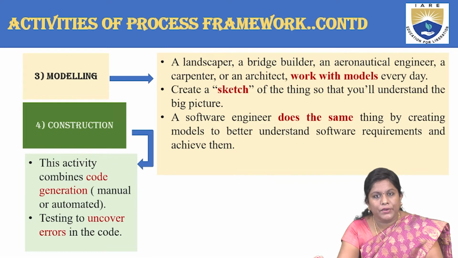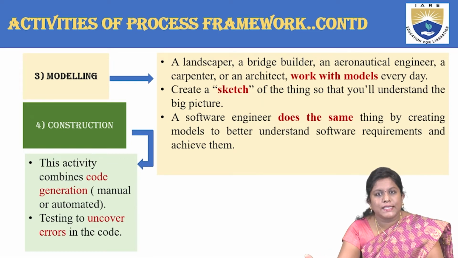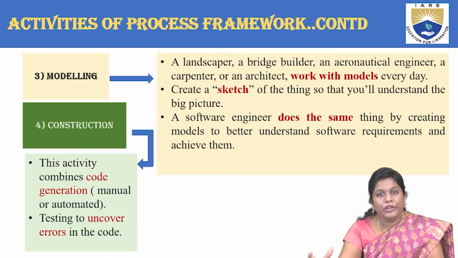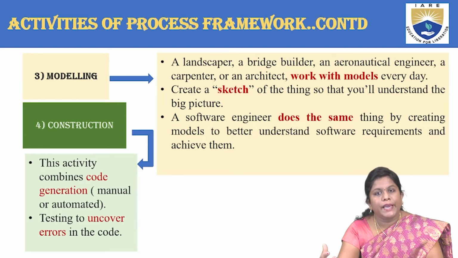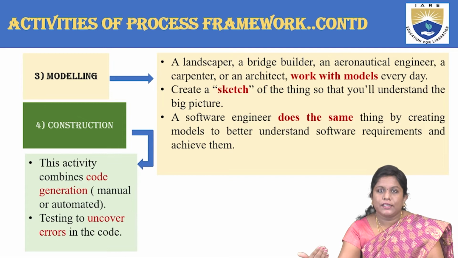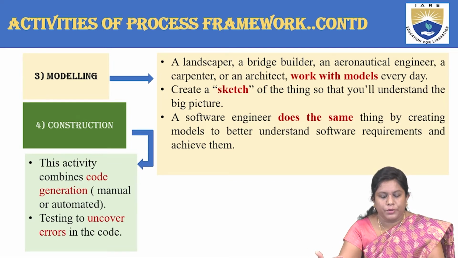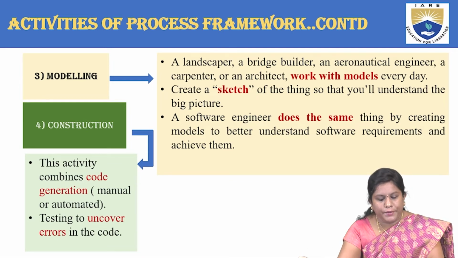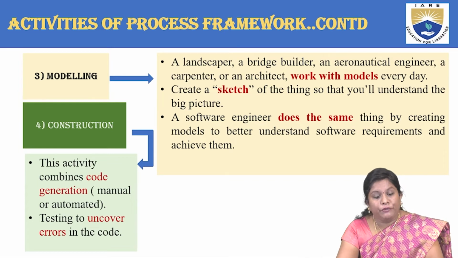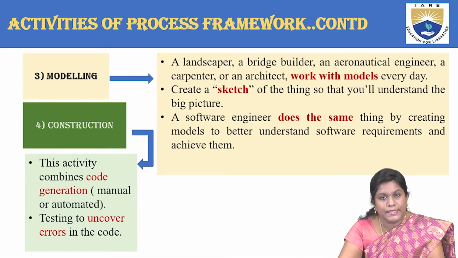Whether you are doing it manually or it is automated, that is, the system is trying to generate the things for you, right? Nowadays we have so many things online. The code is available online, and we are trying to modify it based upon our requirements and execute it for our own application. So that's called automated.